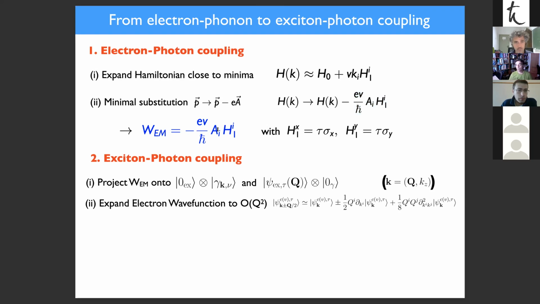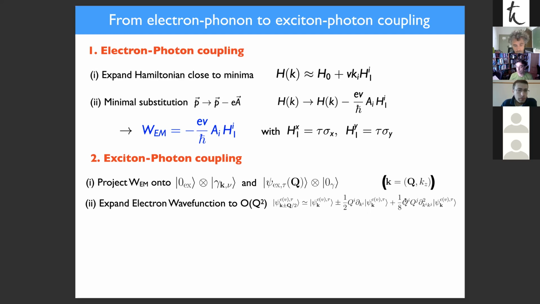For the exciton coupling, what we have to do is to project this interaction onto the subspace that contains 0 excitons and 1 photon, and 1 exciton with a given wave vector for the center of mass and 0 photons. And for that, we expand the electron wave function to order Q squared, because you know that the photon has a very small wave vector with respect to that of the electron.